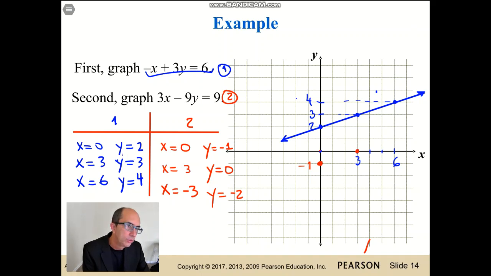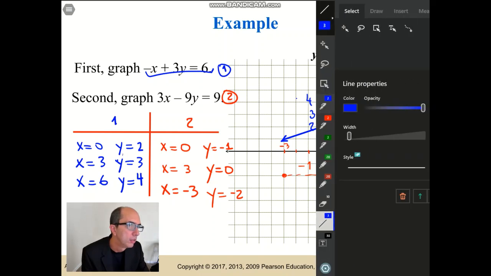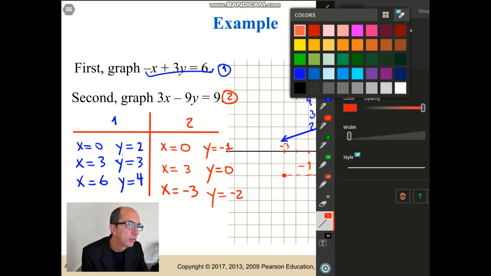And x equals -3, y equals -2. X equals -3, 1, 2, 3, -3, y equals -2. And get the line. I'm gonna use a red color now.